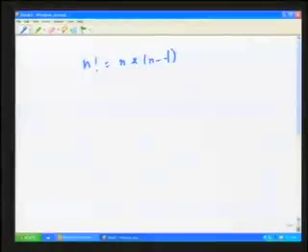So how do we go about finding such an algorithm? Well, we all know how to compute factorials. So as you know, the factorial of n is nothing but n times n minus 1 times n minus 2 times till 1, right? But how do I express this as an algorithm?